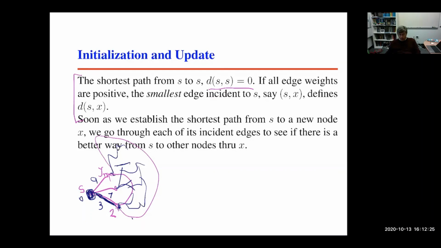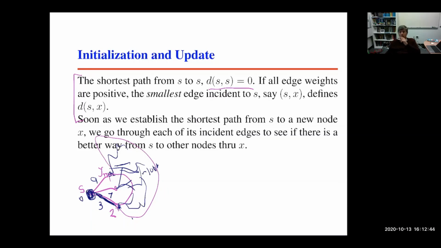How can I have a cheaper trip to Z if I start out with a cost of 9 than this edge of 3? I could do it if perhaps there was an edge weight of minus 1,000 or something in my graph.